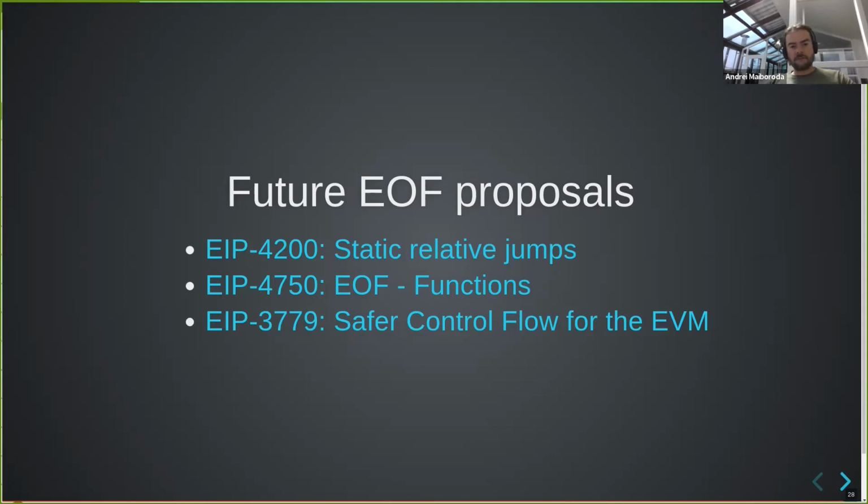And the final EIP mentioned here, 3779, is the work of Greg Colvin, and we think this is also a very interesting direction to explore. It proposes some advanced procedure to validate the code section, which would provide much stronger guarantees.